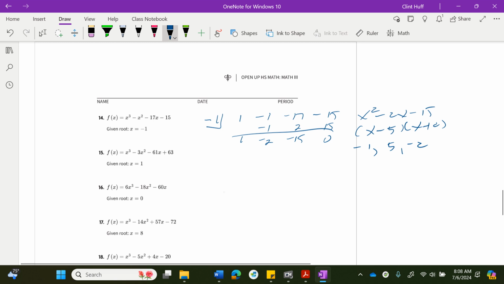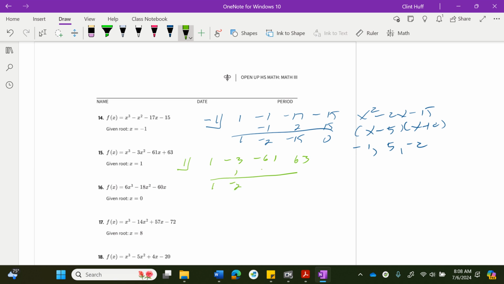Same process on the next one. Change colors just to distinguish it. I put a 1 with a what? 1, negative 3, negative 61, 63, 1, 1, negative 2, negative 63, positive 63, 0.